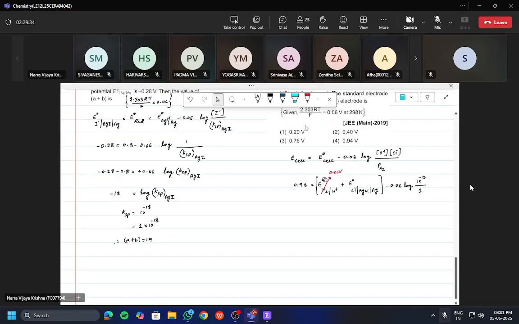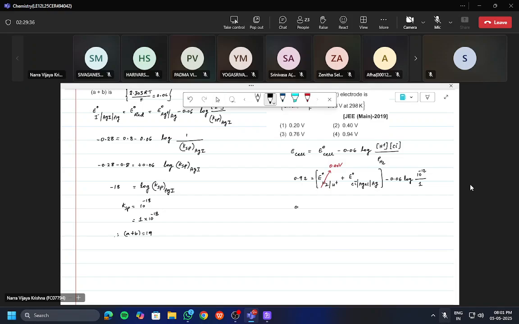Now, in the net equation, 0.92 equals this. Log 10 power minus 12 becomes minus 12 log 10, which becomes plus 0.06 into 12, because log 10 is 1. And here what is left? Plus E naught of Cl minus AgCl Ag.